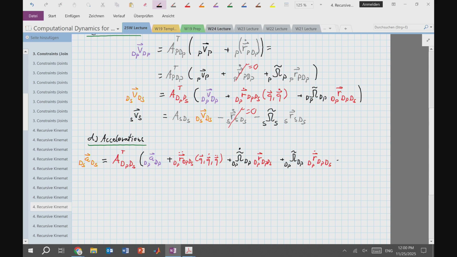And now I have to add the second part of the transport theorem, where we get terms that look like this: omega tilde p times the original vector, and I can write this as r dp ds dot. Sorry, this should of course be in dp coordinates. We will see in a second that this doesn't make a difference.